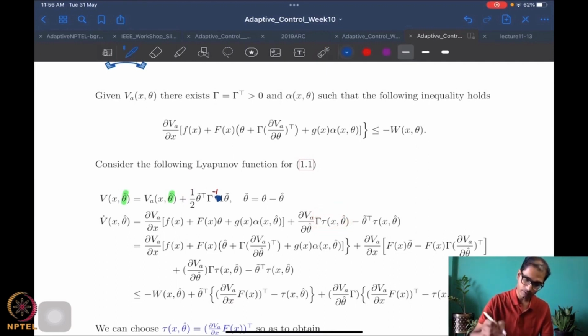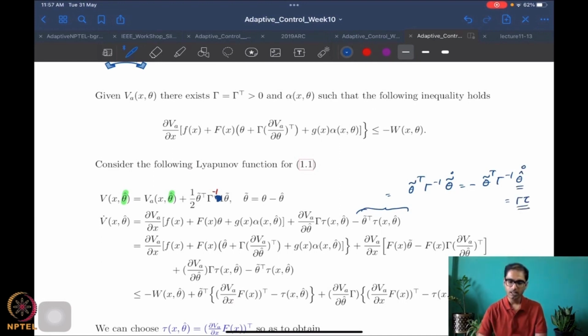This term comes from, with the negative sign, theta tilde transpose gamma inverse theta tilde dot, which is minus theta tilde transpose gamma inverse theta hat dot, which is equal to, of course, gamma times tau. Okay, and that's what I get from here.